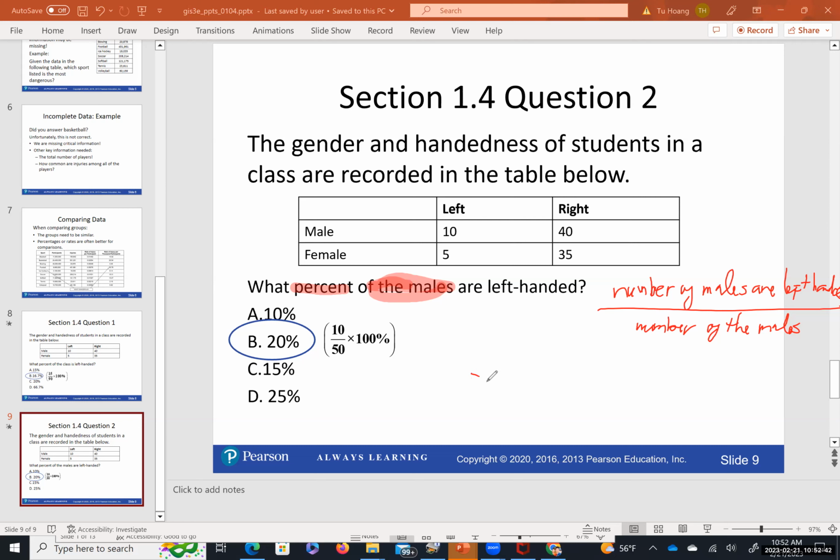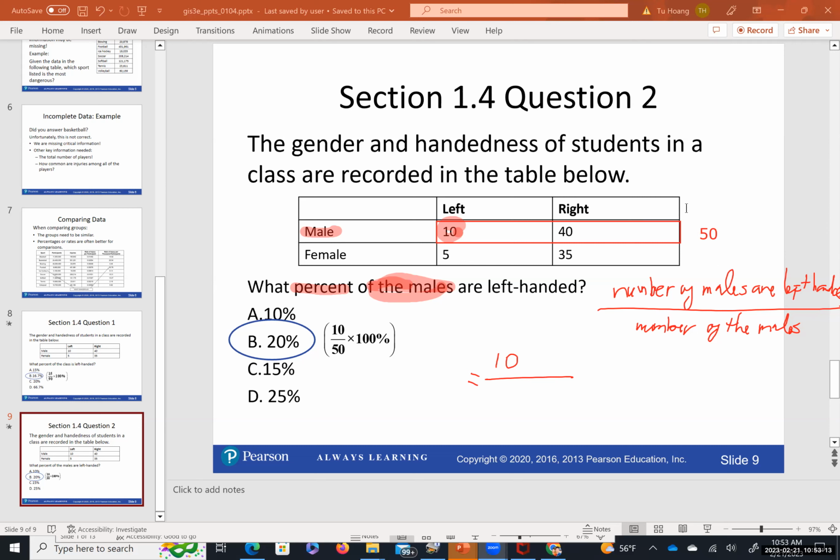So then you have the number of males who are left-handed. So you look at the males over here. How many males are left-handed? 10. Okay, so put 10 on the top, and then divide by the number of males. So how many males do I have? You have to add these, and you got 50, right?